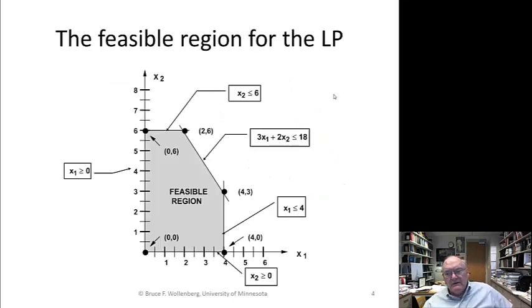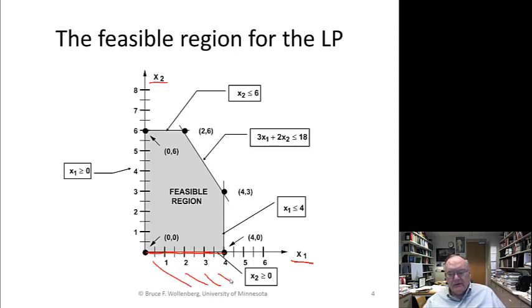Now here is a picture. Here we have x1 on the horizontal, x2 on the vertical, and this x1 line down here is the constraint x2 greater than 0. That means that all the values have to be up here, and I can't have anything down here.